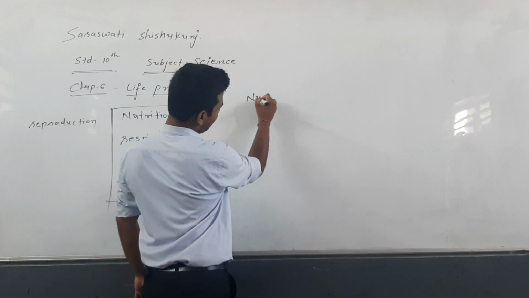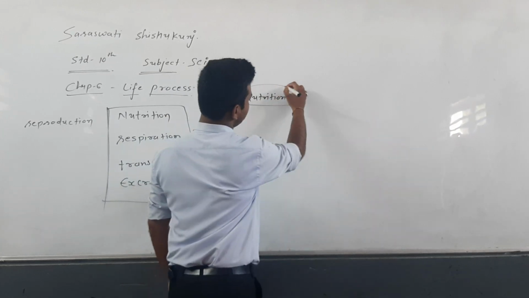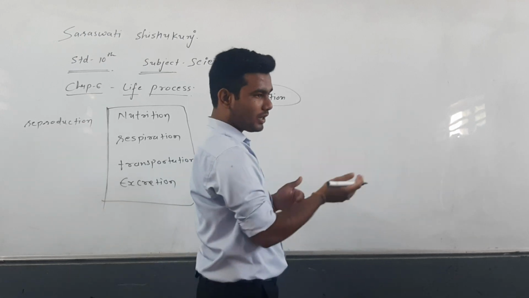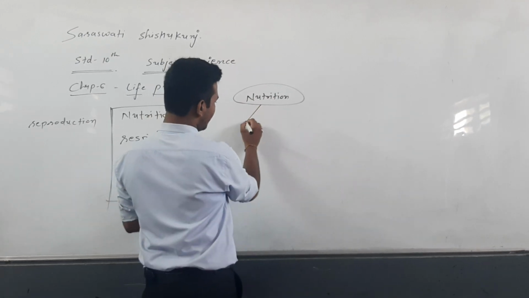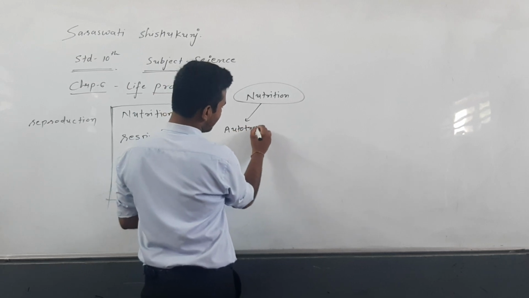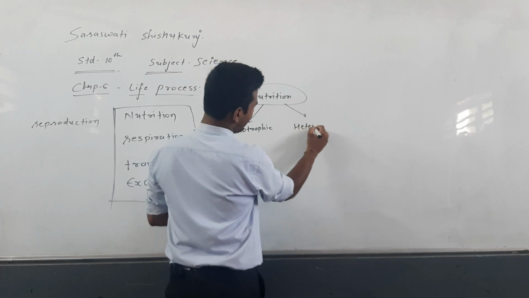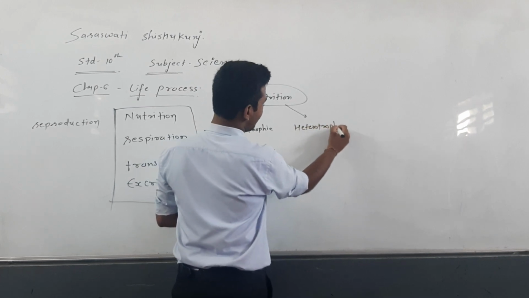First, in nutrition, what did we understand? We understood what nutrition is and what the types of nutrition are. In that we have taken the autotrophic mode of nutrition and the heterotrophic mode of nutrition.